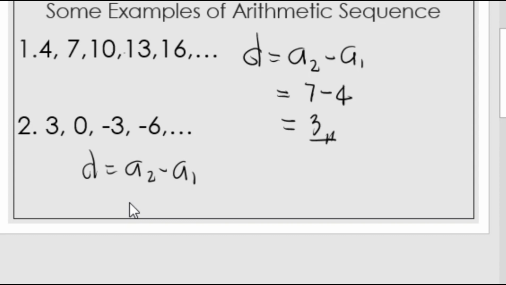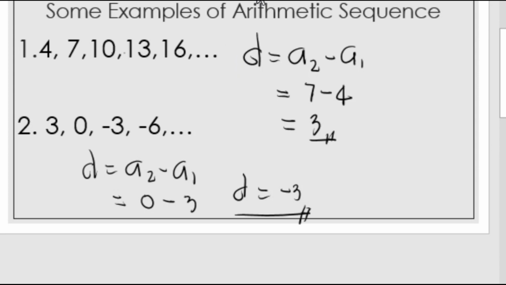So, again, any two consecutive terms. So, you can choose second and third term, third and fourth term. Basta gasunod sila. So, in this case, our a sub 2 is equal to 0 minus our a sub 1, which is equal to 3. So, ang atong common difference for number 2 would be negative 3. Okay.